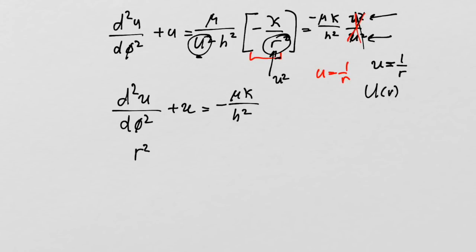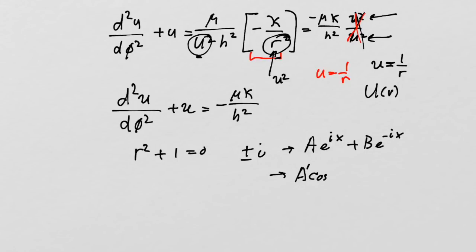In this case, the characteristic equation for this differential equation is r squared plus 1 equals 0, with two roots plus minus i, which implies a solution of A e to the ix plus B e to the minus ix, which we know, because we remember, implies a solution A prime cosine, when I say x, I should say phi, right?